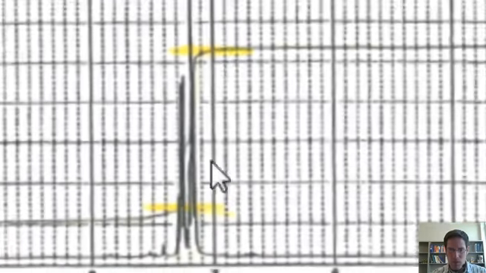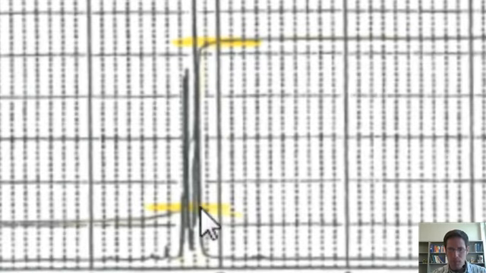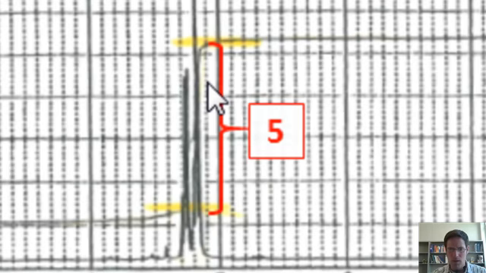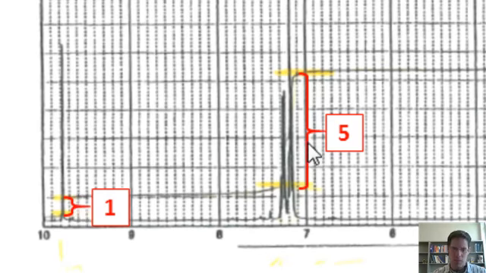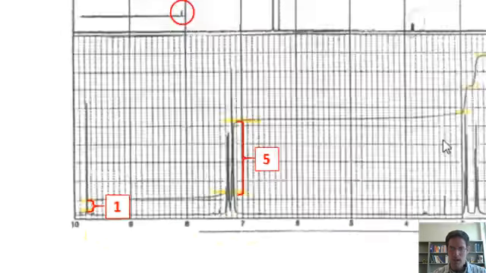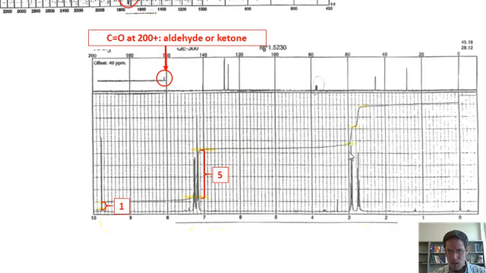Now if I measure this with my ruler, I've discovered that the height from here to here is around 5, proportionally speaking, with comparison to this integral over here. I've also discovered that the height over this peak from this horizontal to this horizontal is 2. And from this horizontal to this horizontal for this peak is also 2. So I've now done my integration.